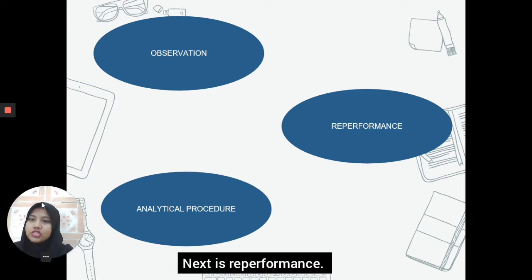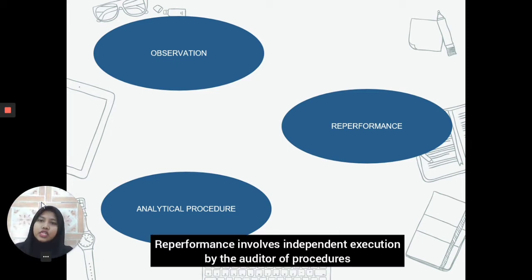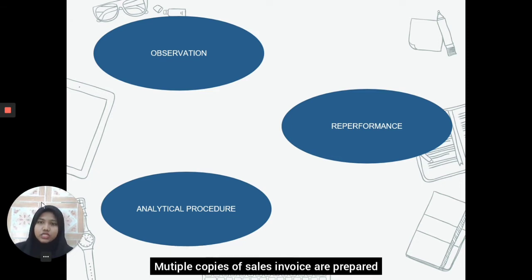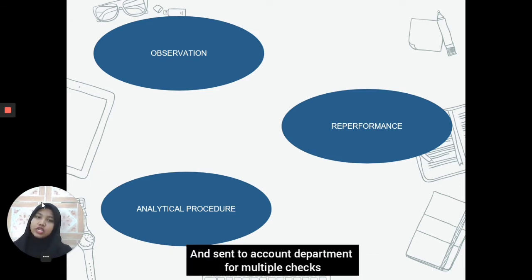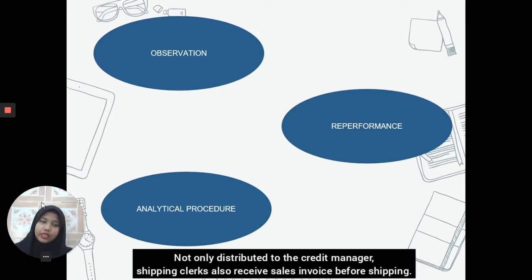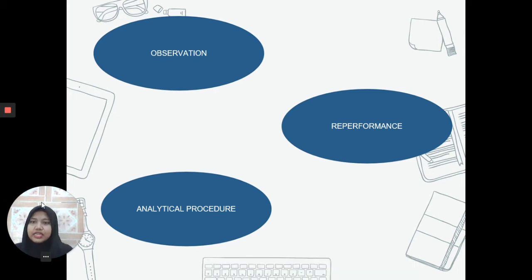Next is re-performance. Re-performance involves the independent execution by the auditor of procedures. Next is analytical procedure. Analytical procedures are themselves an important type of evidence on an audit.